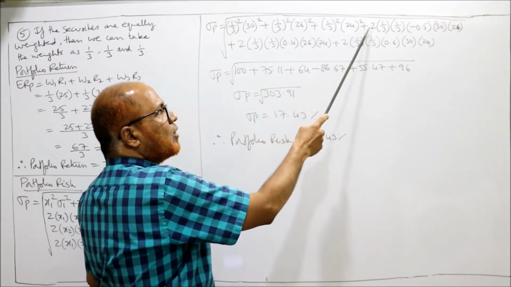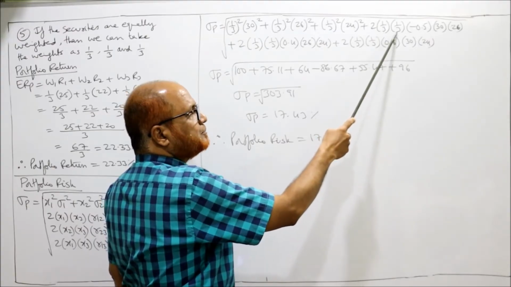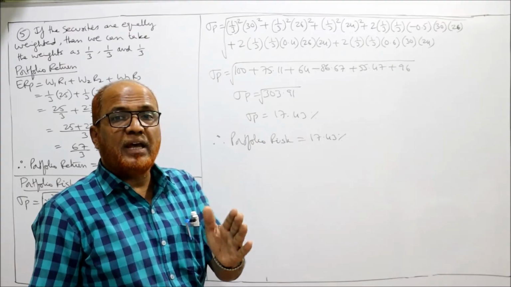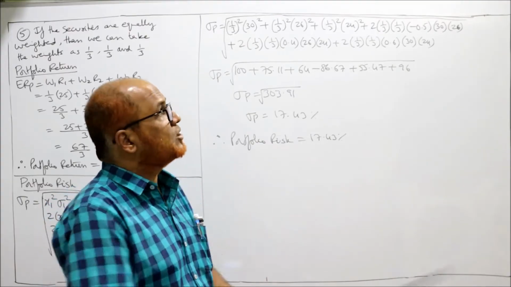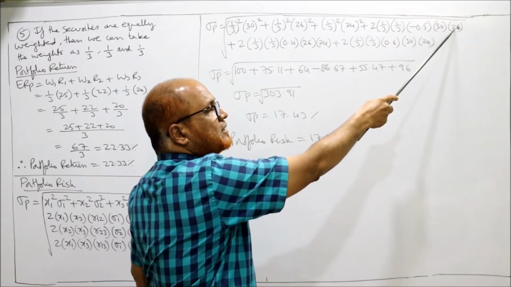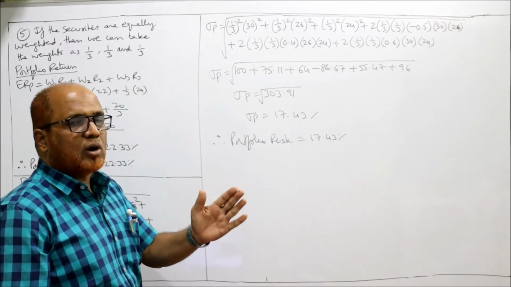That is done. Now the combination: 2 into x1 into x2, 1 by 3, 1 by 3, R12. The correlation coefficient between P and Q is given as minus 0.5. Then sigma 1, sigma 2, 30 into 26. That is the 1 and 2 combination.